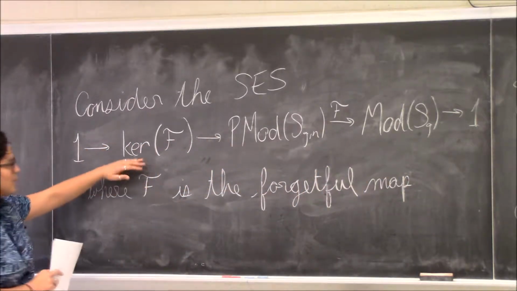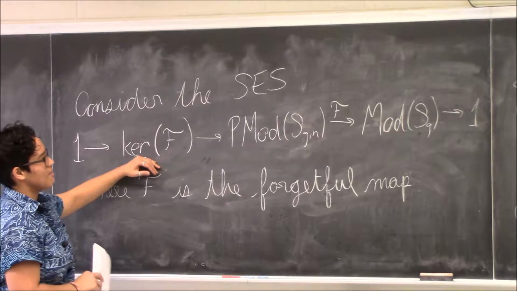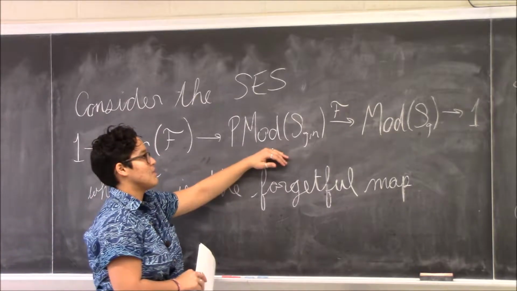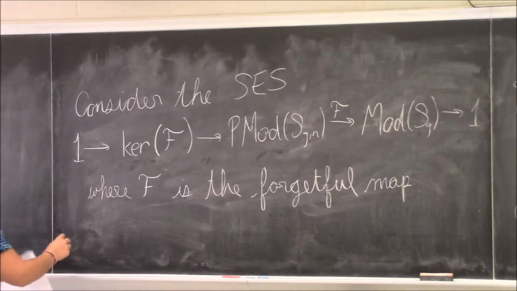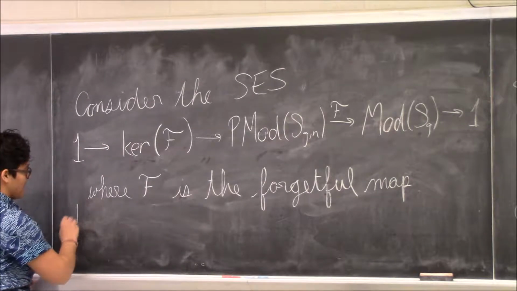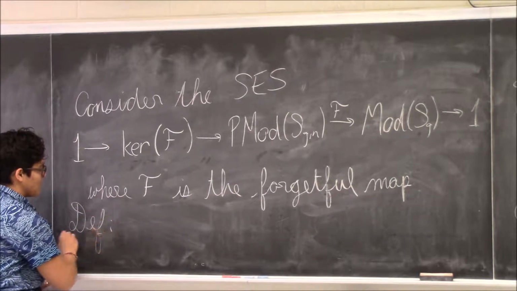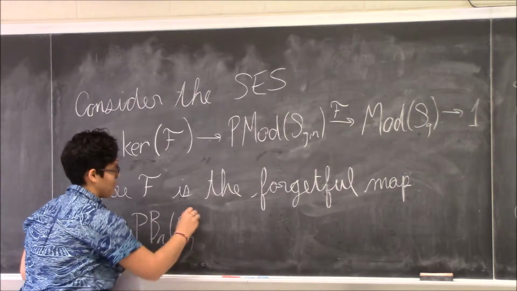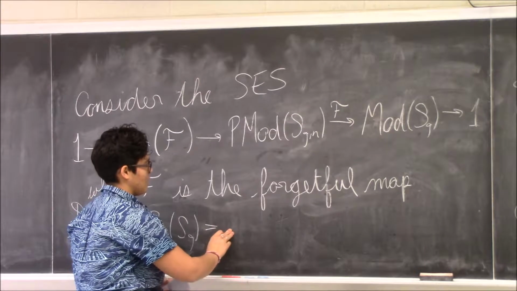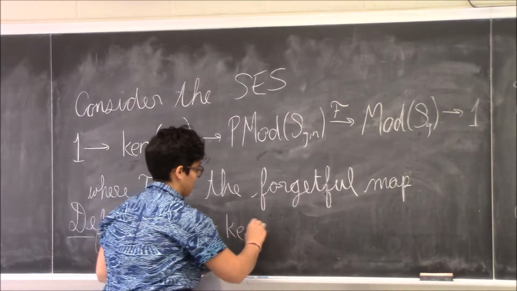And so what does this kernel look like? This kernel is simply the pure mapping classes which are isotopic to the identity on the closed surface. And so this brings me to my second definition. So, definition: I can now define the pure braid group to be the kernel of this forgetful map, script F.